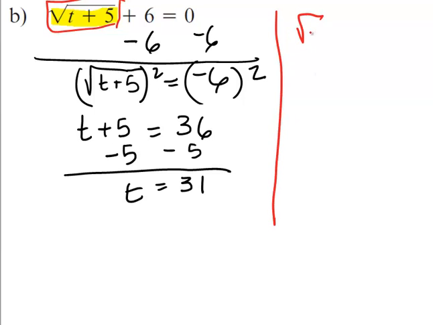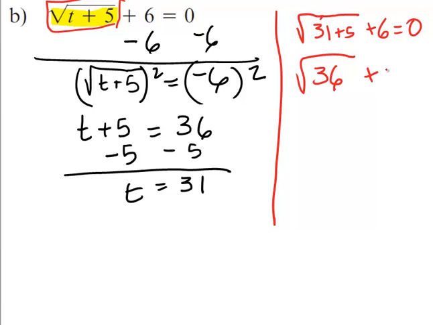Is it true that the square root of 31 plus 5, plus 6 equals 0? So do what's under the radical first. The square root of 36 plus 6 equals 0.